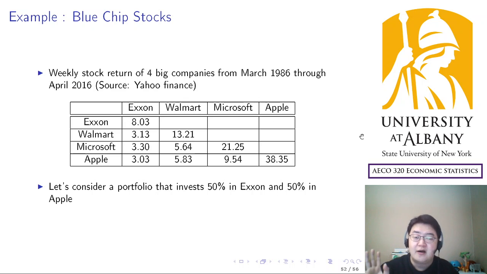But I did not show you the expected return, so it's not everything. And also, being stable may mean it did not increase that much. So risk includes increasing. If a stock increases steeply, then its variance will be large. So the reason why Apple is risky is because it increased too sharply.